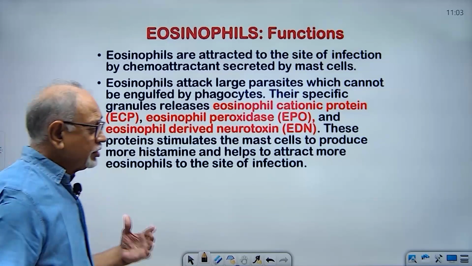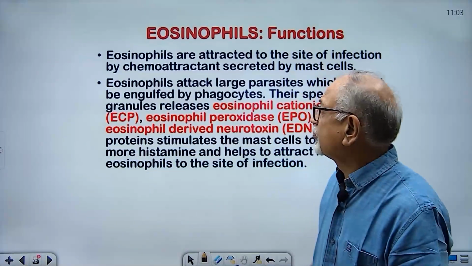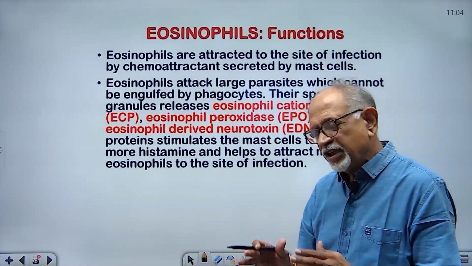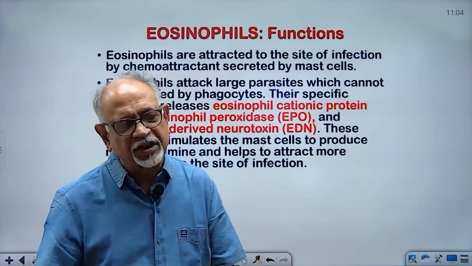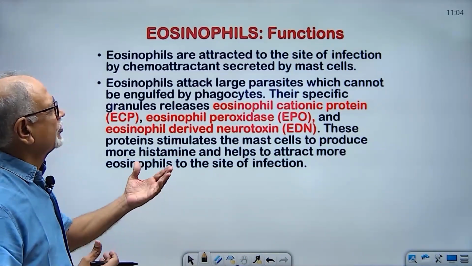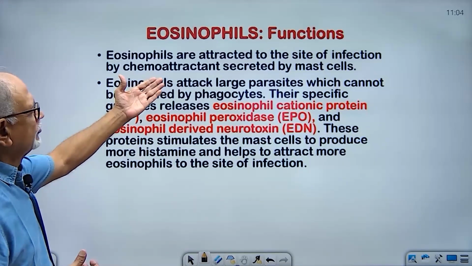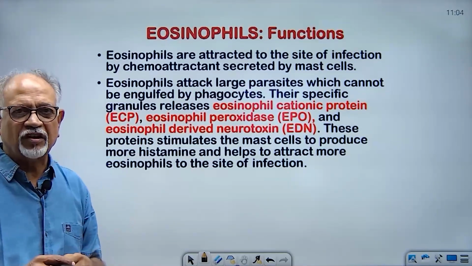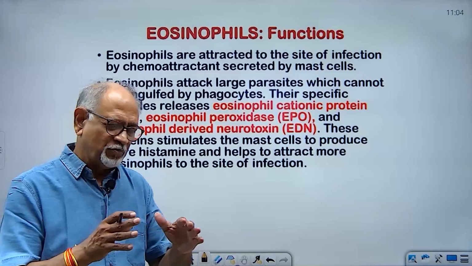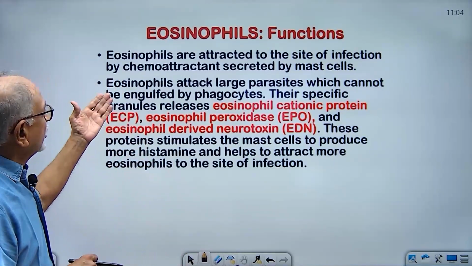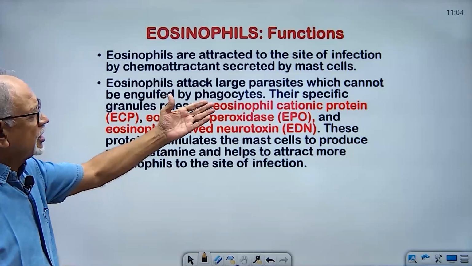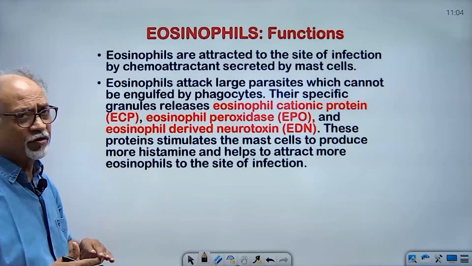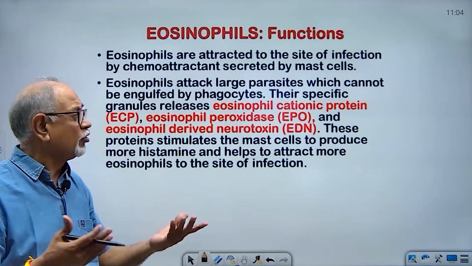Now, coming on to the functions of eosinophils, as in the case of neutrophils, eosinophils are also attracted towards the site of infection with the help of chemoattractants secreted by the mast cells which are present in the tissue. Then eosinophils attack large parasites which cannot be engulfed by phagocytosis by the neutrophils and monocytes.